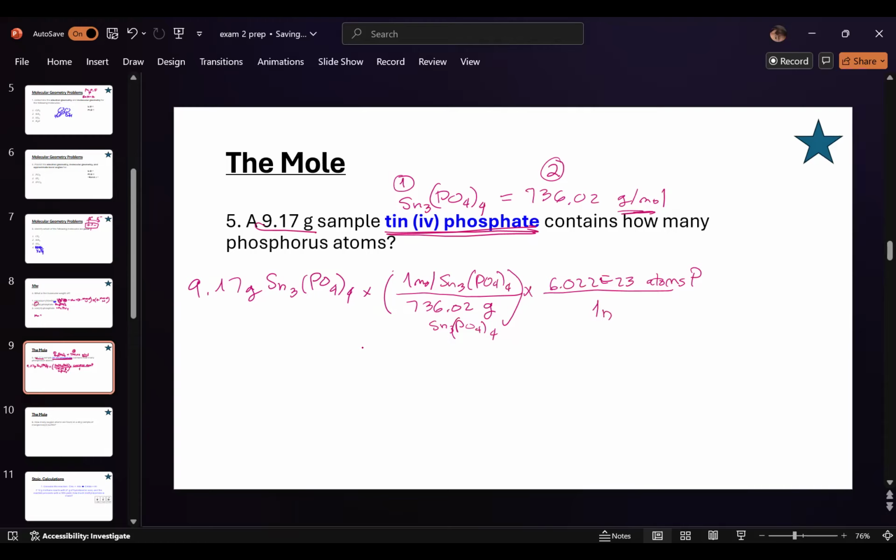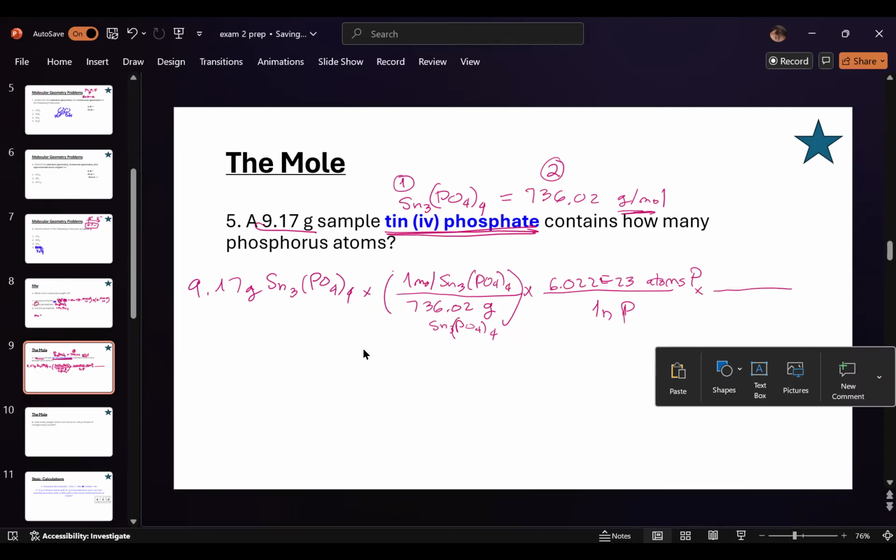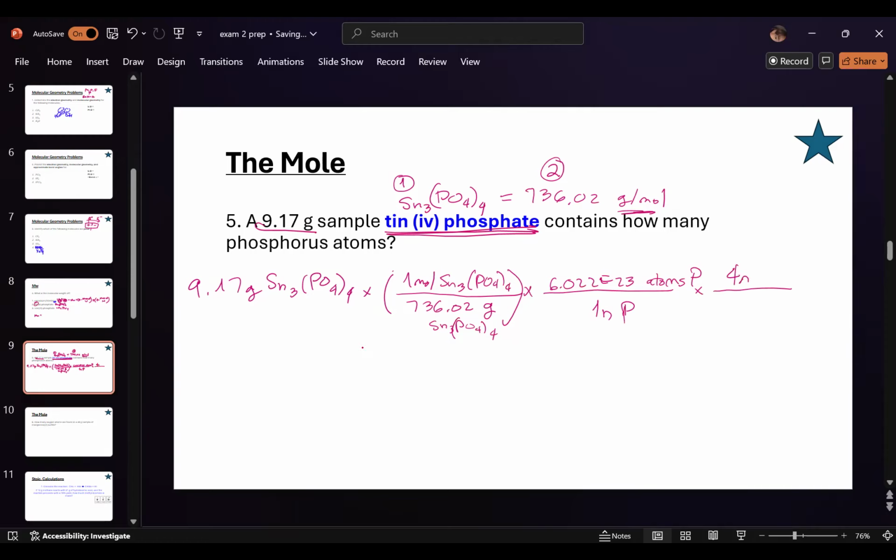And you're like, okay, how do I cancel those units? Well, you could have done this one first: the 4 moles of P over 1 mole of tin 4 phosphate.